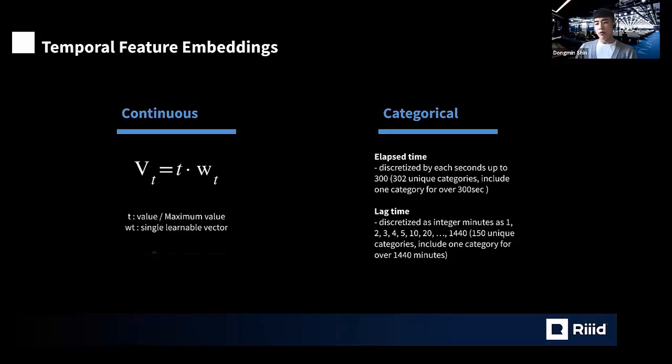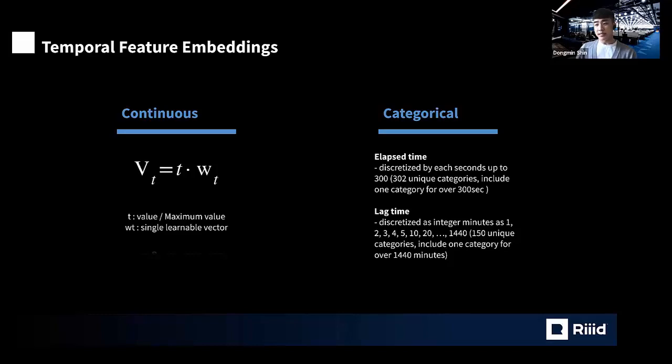And then for categorical embeddings, I discretize the value by some rules and create different learnable vectors for each discretized value. I use different discretizing rules for elapsed time and lag time.